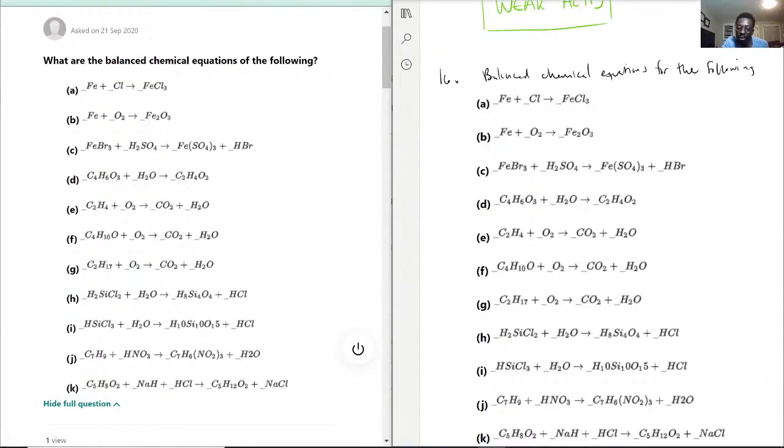We have FeCl, iron chloride, okay? And we notice that it's Cl3. So for this to balance out, the 3 needs to be here. We need 3 chlorines to make up for the FeCl3.